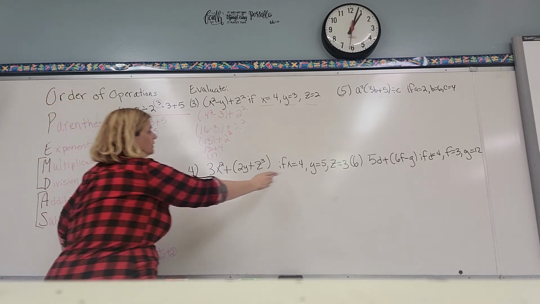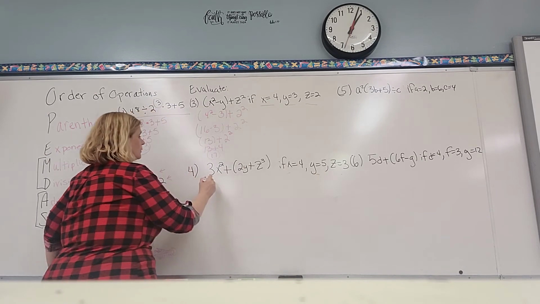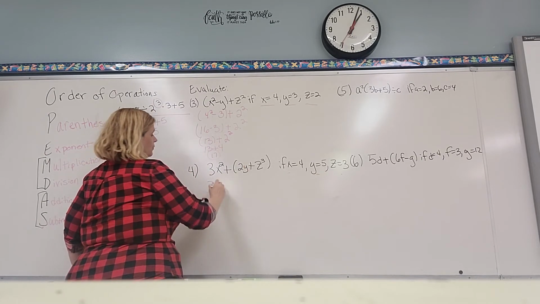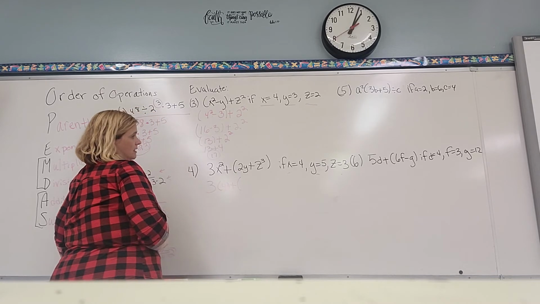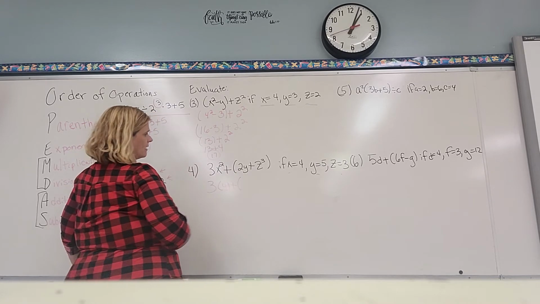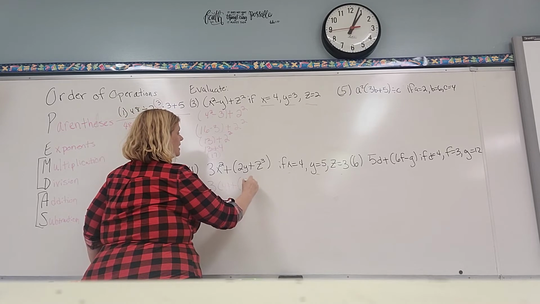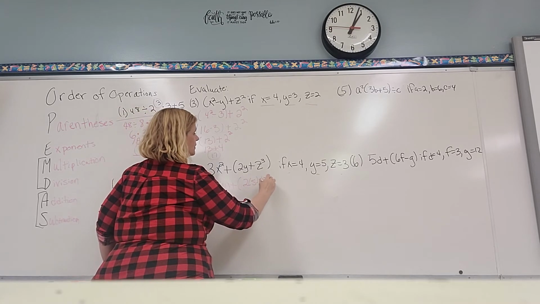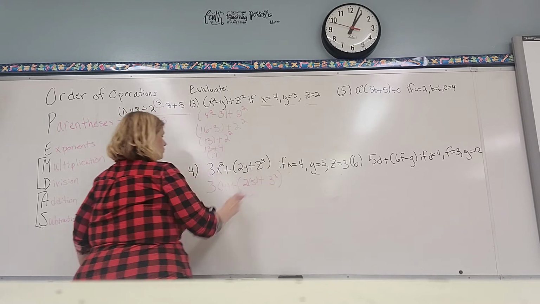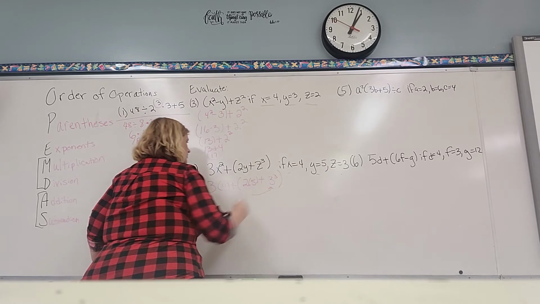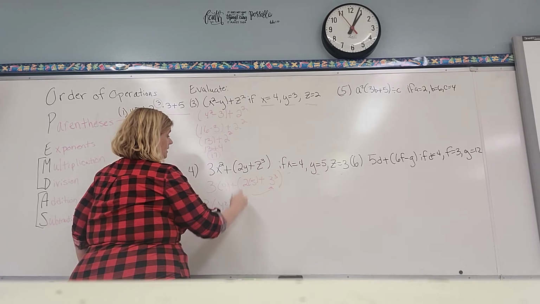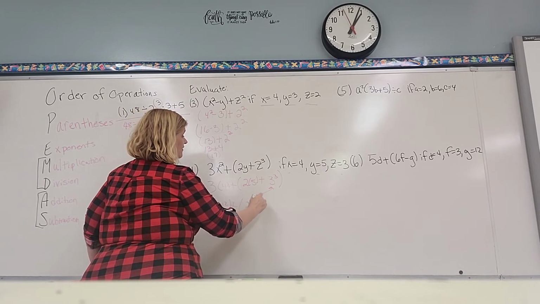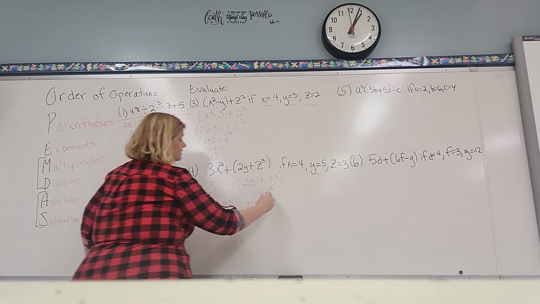Okay, again, we're going to put in these values for these variables, so I'm going to rewrite it with those values. 3 times 4 squared plus the sum of 2 times 5 plus 3 cubed. So we go inside the parentheses over to that exponent. 3 times 4 squared plus 2 times 5 plus 3 cubed is 27.